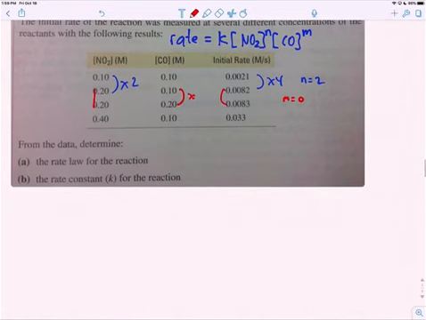Let's say that you didn't do the inspection and you want to solve it mathematically. What you do is you take this rate law and you apply it.